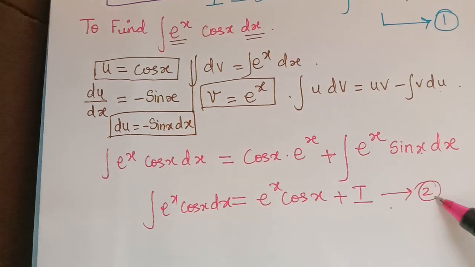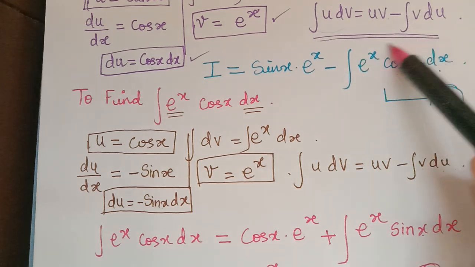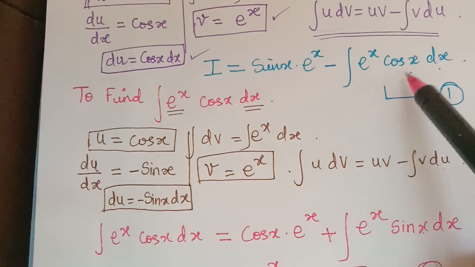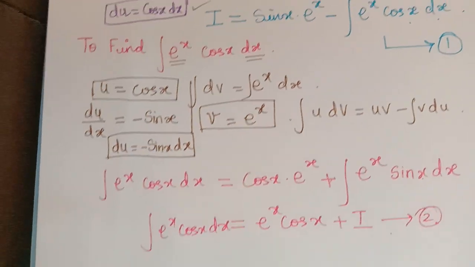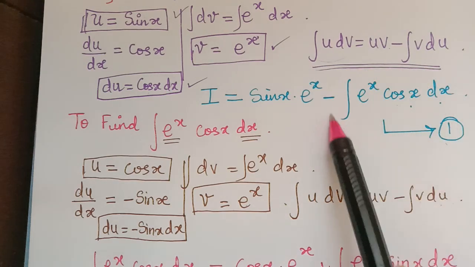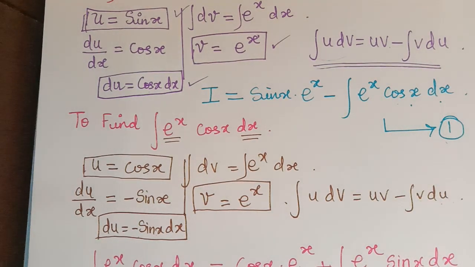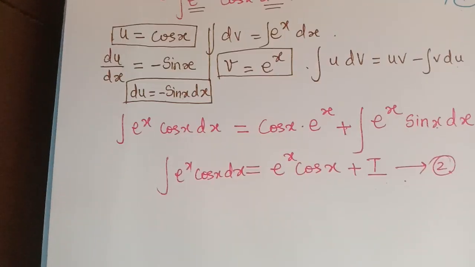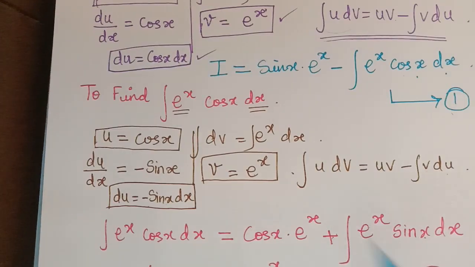Now this equation 2 has to be substituted in equation 1 for this. That is, we are going to replace integral e power x cos x dx to be equal to e power x cos x plus I. So finally this equation 1 is what? It is I equal to, so that we will write. So I equal to, now what is this?